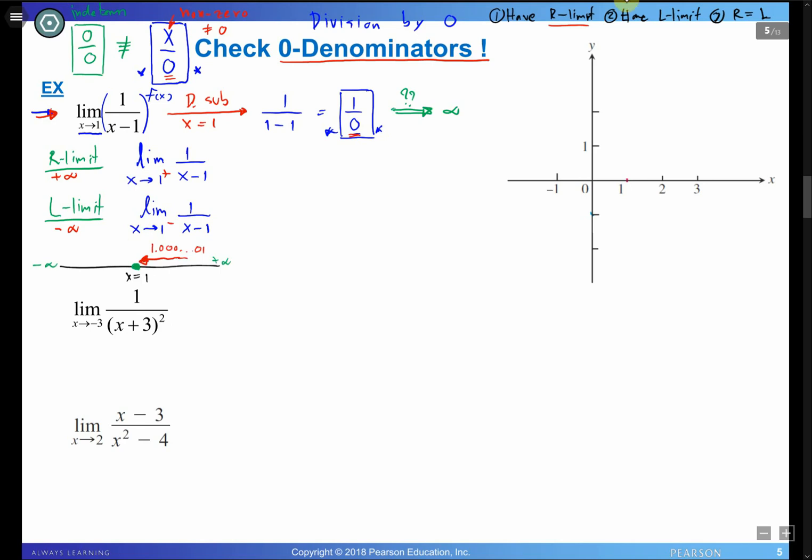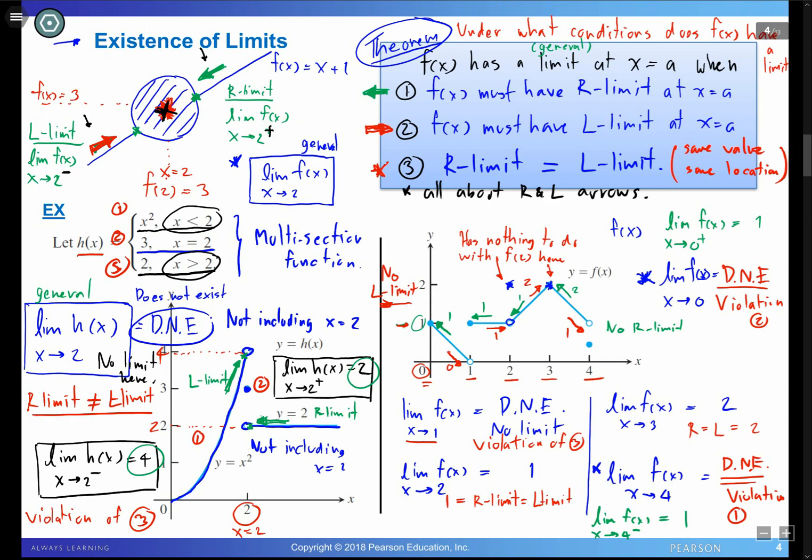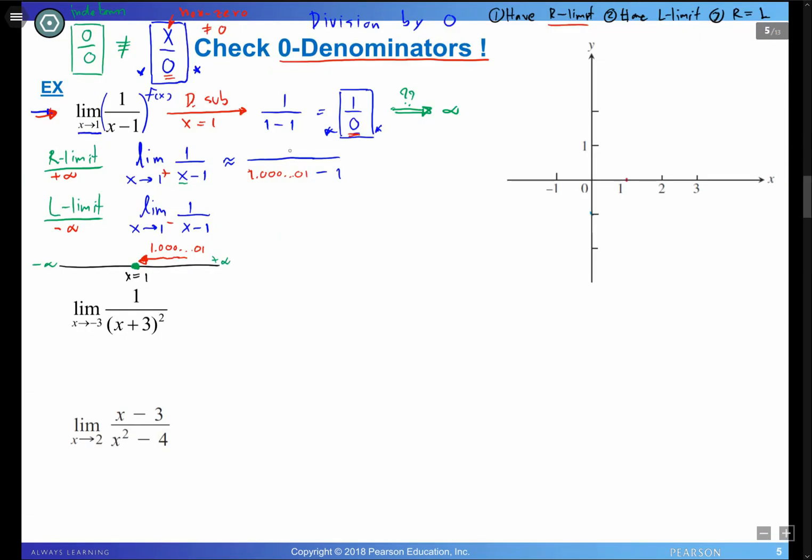So let's use this number in the right-hand limit expression. So this limit is going to be about the same as 1 over, now x right here is going to be slightly larger than 1. So let's use that 1.00001, just a little bit larger, and minus 1.